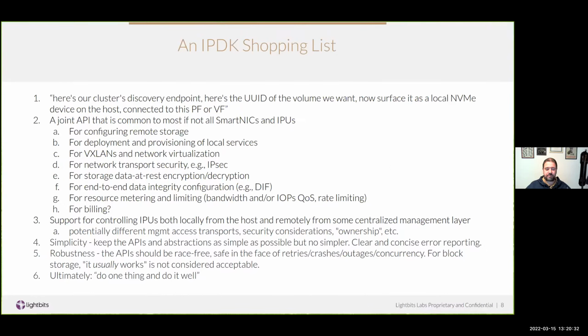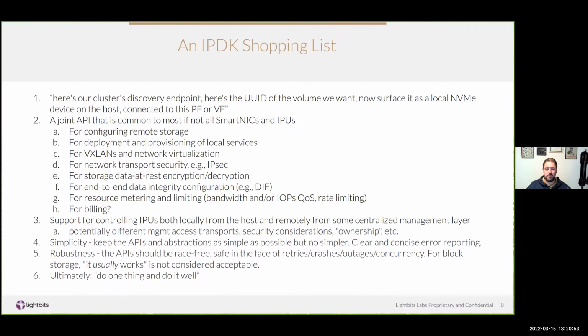And another aspect of this is robustness. We'd really like the APIs to be race-free and safe in the face of retries and crashes and outages and concurrent access. For those of you who are familiar with CSI and Kubernetes, this is not something that's nice to have.